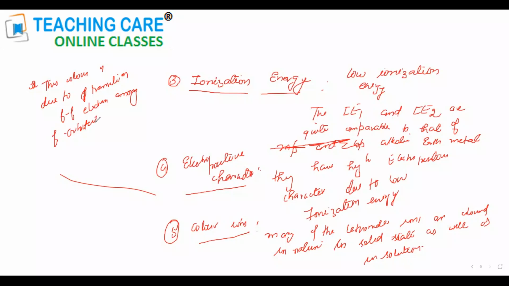Because f orbitals are degenerate orbitals, they have the same amount of energy, and f has partially filled electrons. So these electrons can jump from one orbital to another orbital, giving off a lot of energy. That energy falls in the visible region of the electromagnetic radiation, so they are visible in color. So they form colored compounds. Okay, got it?